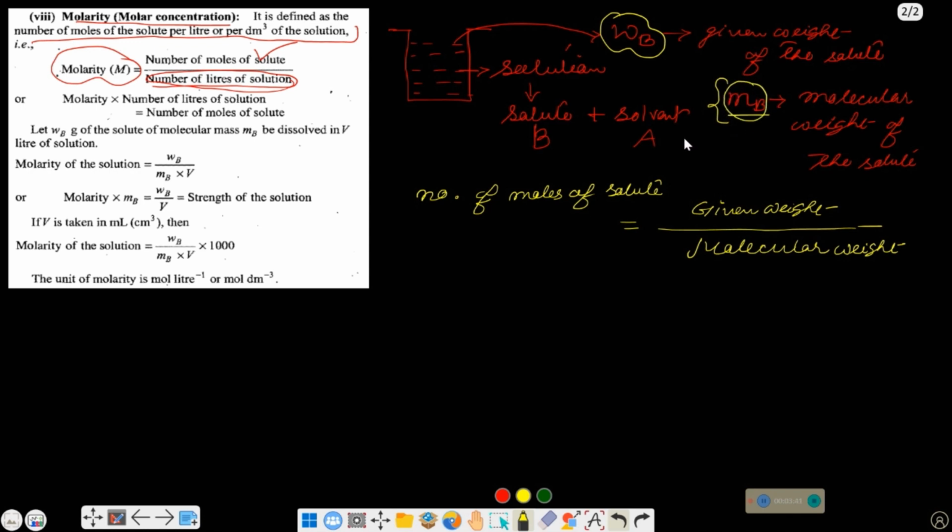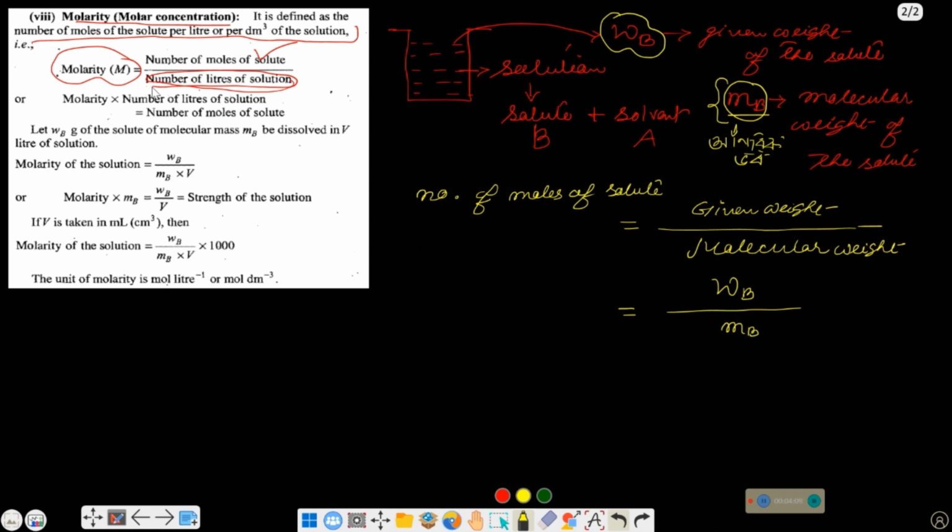So the number of moles will be the given weight WB divided by the molecular weight MB.